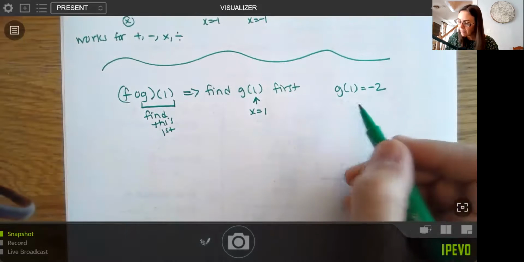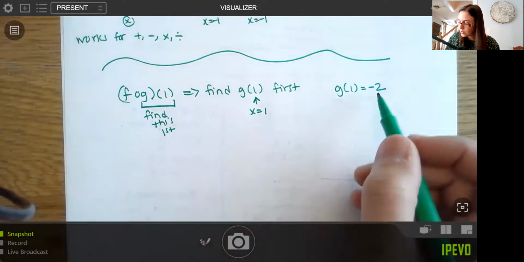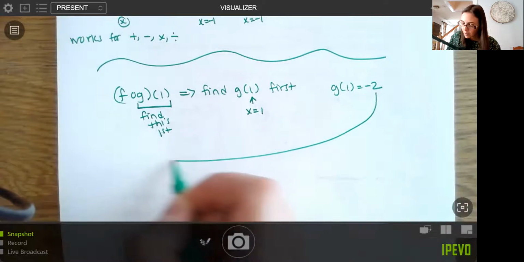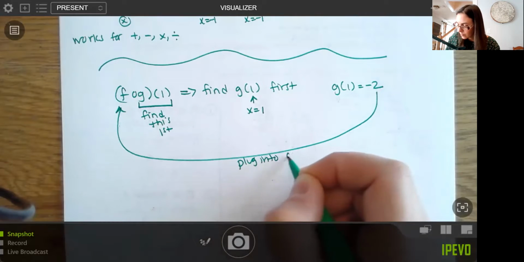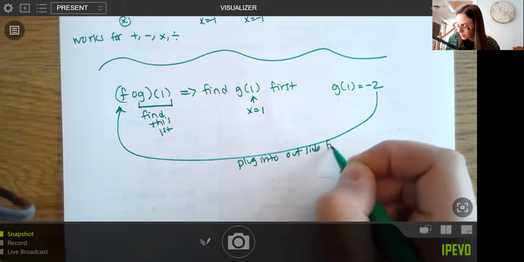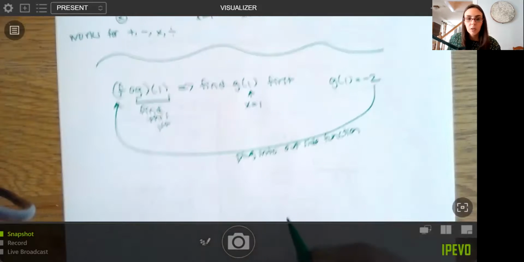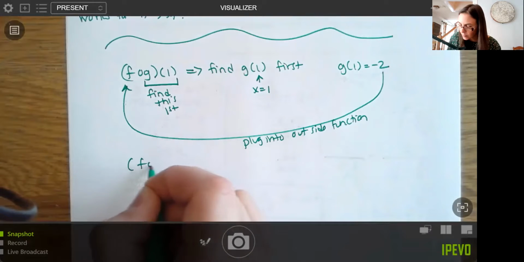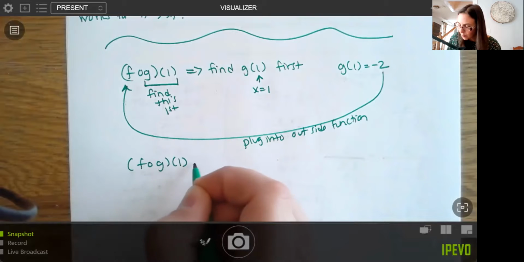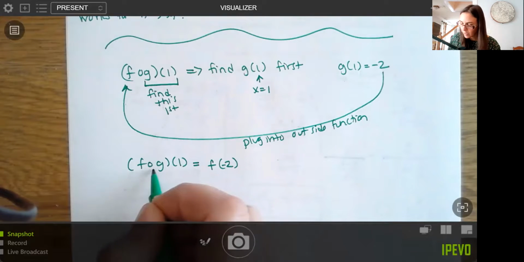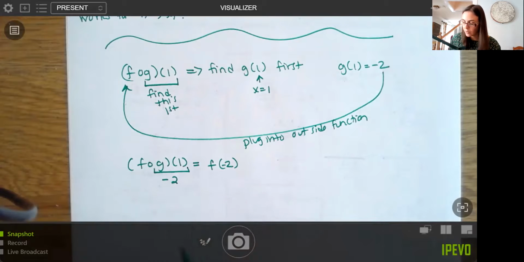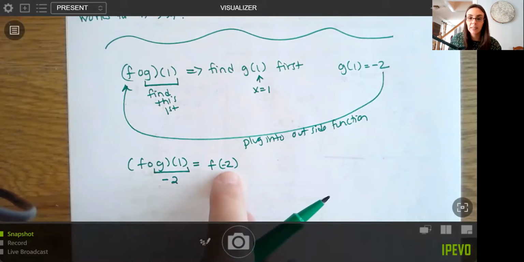And then once I have that, you're going to take this and plug it into the outside function. So f of g of 1 now becomes f of -2, because this right here was -2.